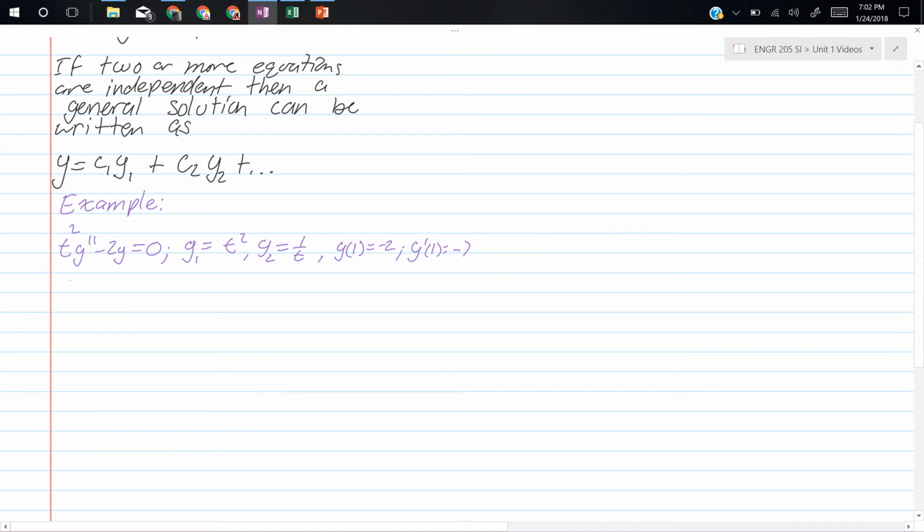First, I'm pretty sure this is also a homework problem. The first step is proving that these are solutions. So prove that y1 and y2 are solutions to the DE.